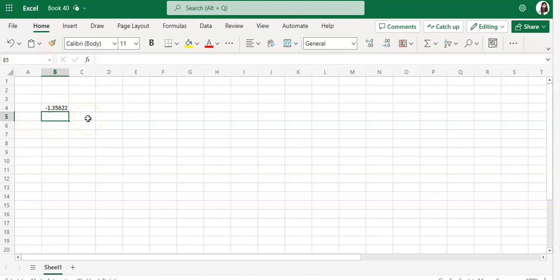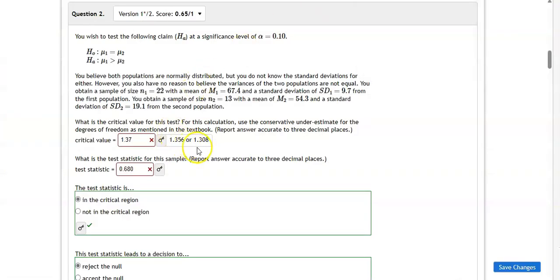Now that's the left tail, and since it's a greater than for our alternate, we really want the right tail, so we want 1.356. And I think it wanted us to round to 3 decimals. So yeah, it's 1.356.